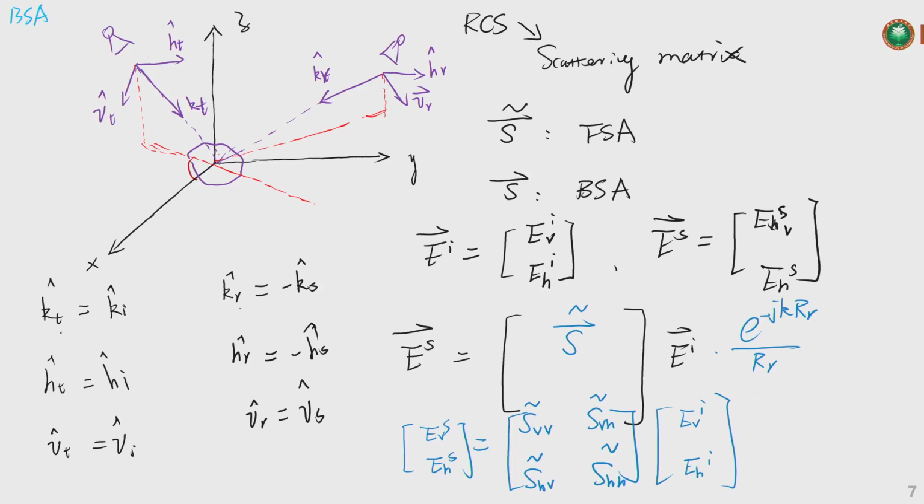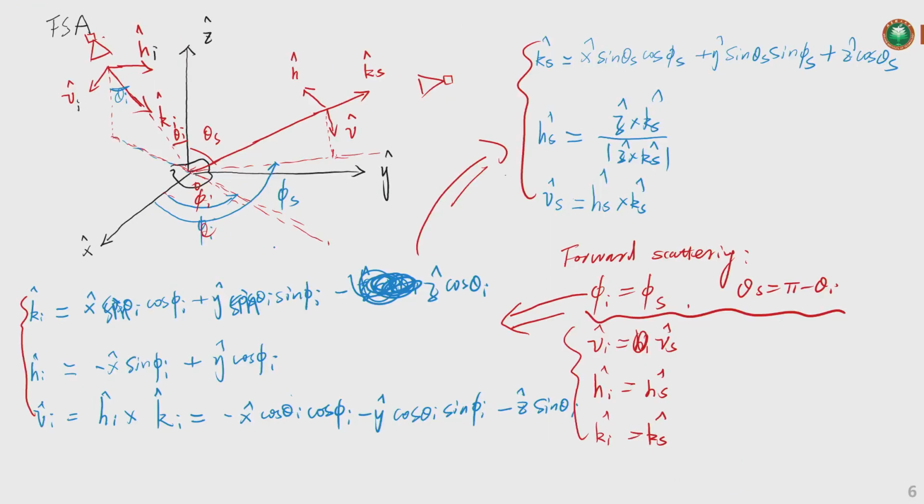So now, based on the coordinate system here, this one is related to all these components, theta I, phi I, and also theta S, phi S. All right, and also another two angles is theta J, phi J. These two terms.